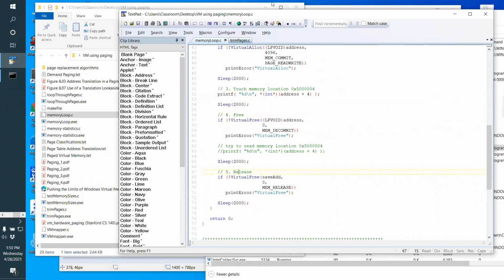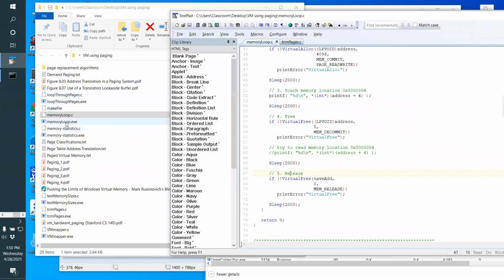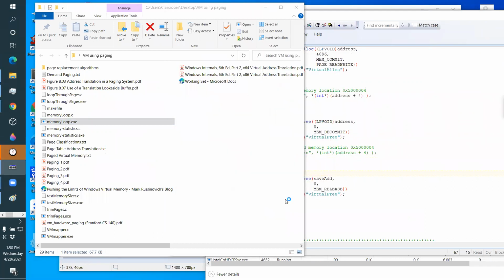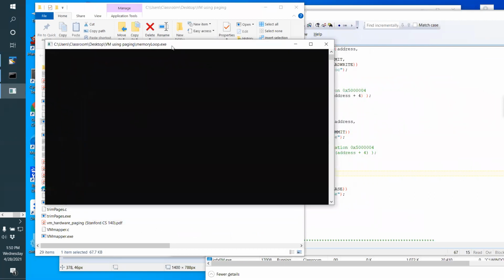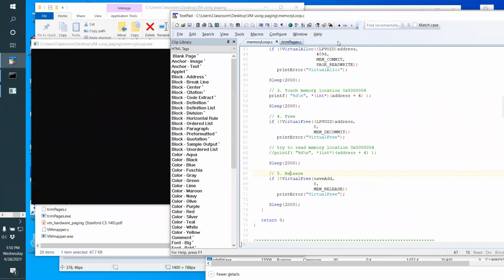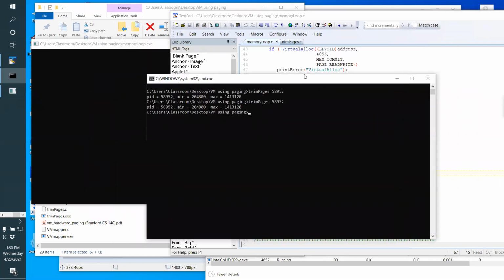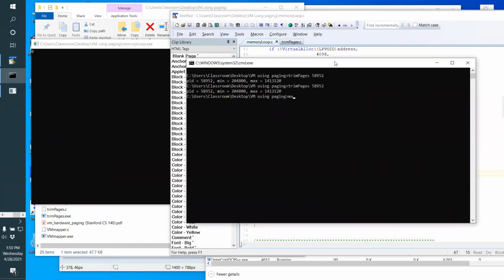And then you could watch this thing with a memory mapping program. You could run this program, the memory loop. Okay, it's looping in memory. And then if I want, I could launch this memory mapper.